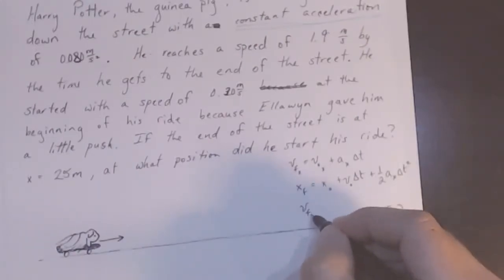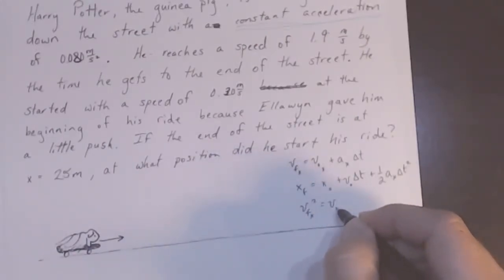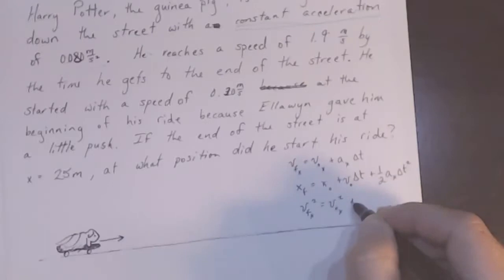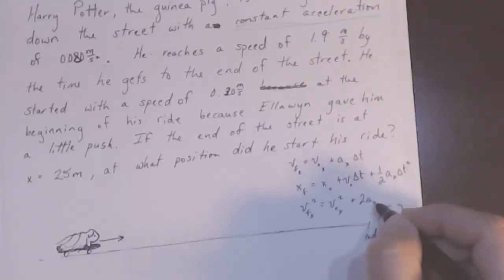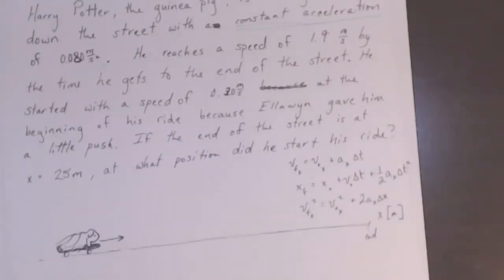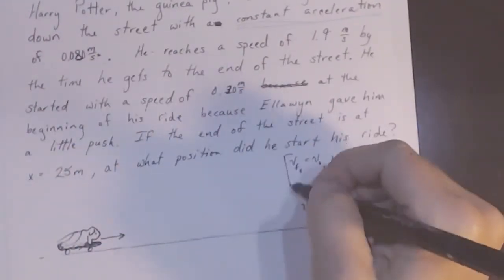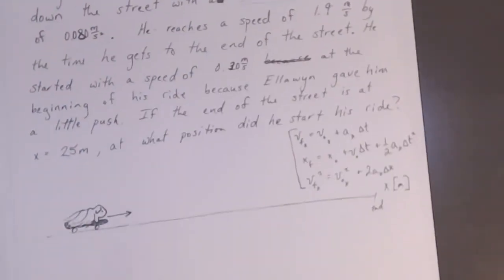And V final x squared equals V initial x squared plus 2AX delta x. So we have all 3 of those equations that we're referencing as we work through this problem. Which one are we going to use, or you may use more than one as well. You don't always have to just use one.